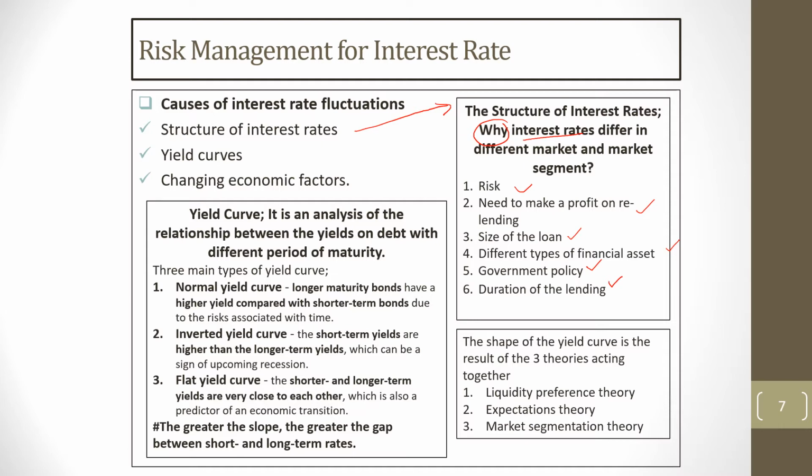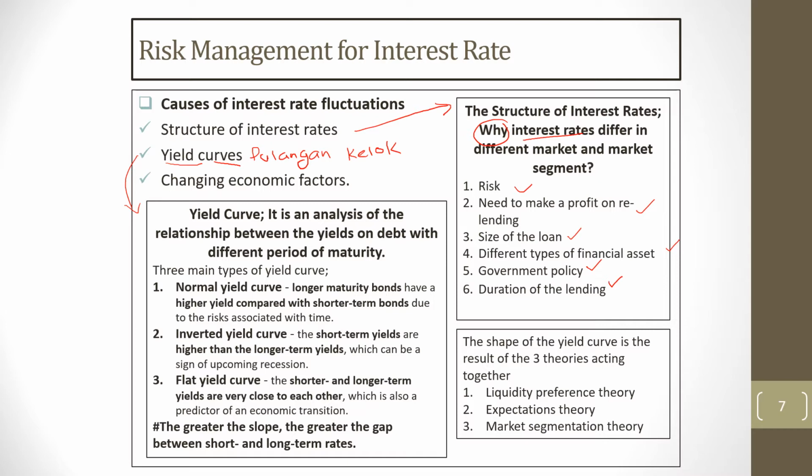Okay, so the next one is the yield curve. Okay, what is yield? Yield is pulangan. So, curve adalah graph ataupun keluk. If kita translate dalam bahasa Melayu, pulangan keluk. Apa maksud pulangan keluk? It means that kita kena tengok graph. So, untuk kita tengok yield curve, dia ada graph-graph dia tersendiri.